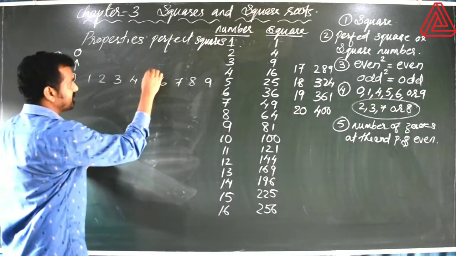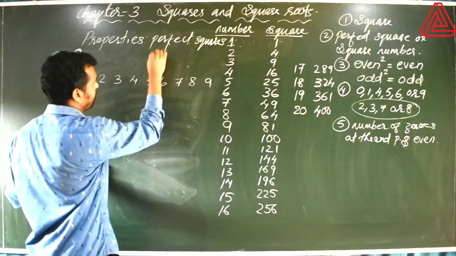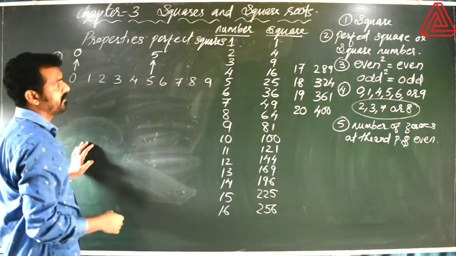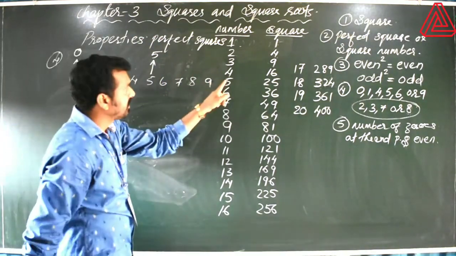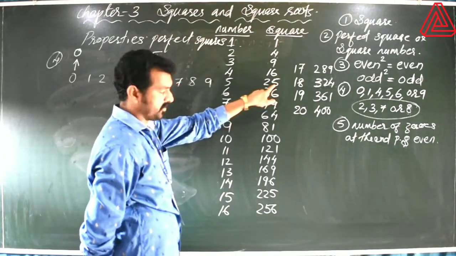If the unit place of a number is 5, its square also will end with the digit 5.